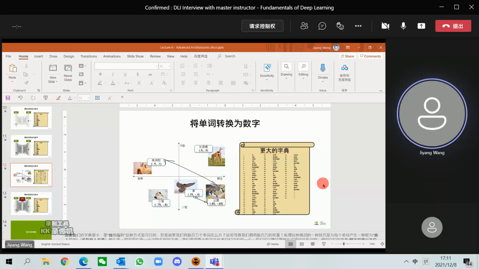China Unicom is calling me to see what the problem is with my network, so I had to pick up the call. Anyway, let's continue.